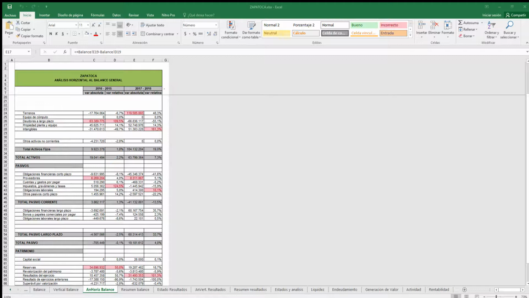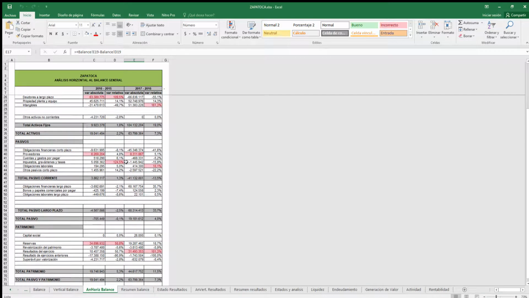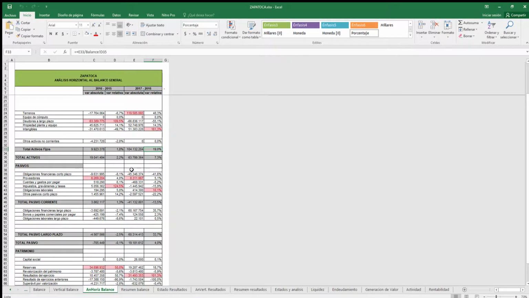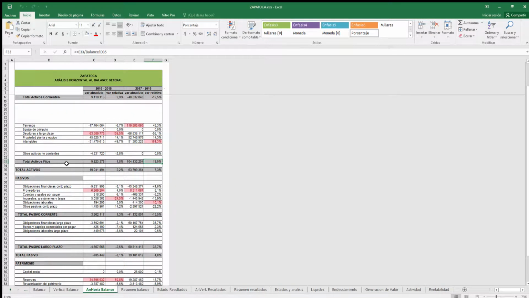It is the analysis that allows us to determine if the behavior of the company in a period was good, regular, or bad. Here we have the percentage of growth or not growth of the company and the total of assets.